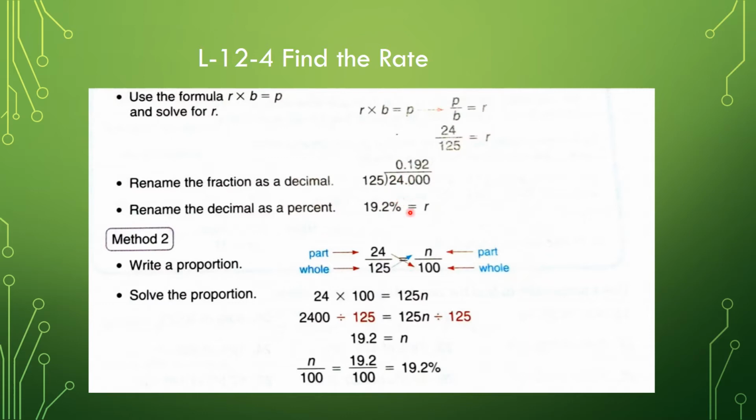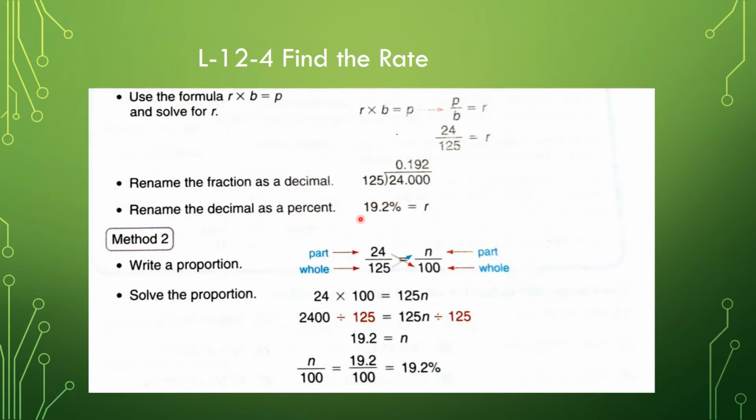The answer in decimal is 0.192. To get percent, multiply by 100, shifting the decimal to the right by 1 and 2 places, which gives 19.2%.